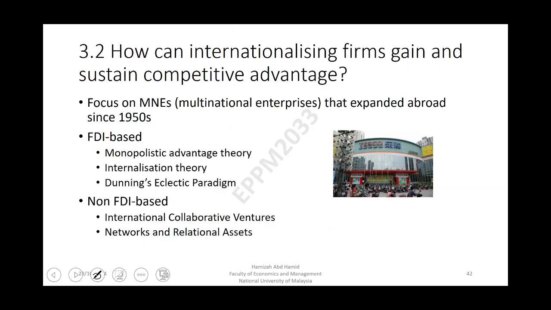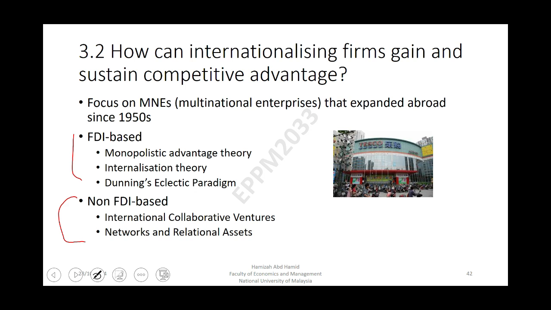So next, after firms internationalize, how can they gain and sustain competitive advantage? These theories focus on multinational enterprises that expanded abroad since the 1950s. There are two explanations here.